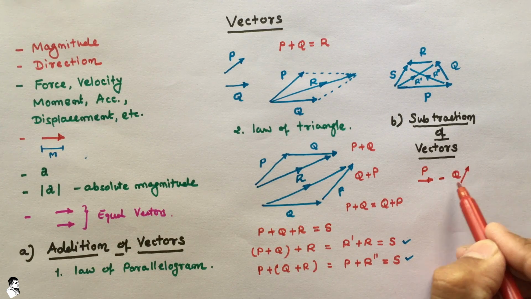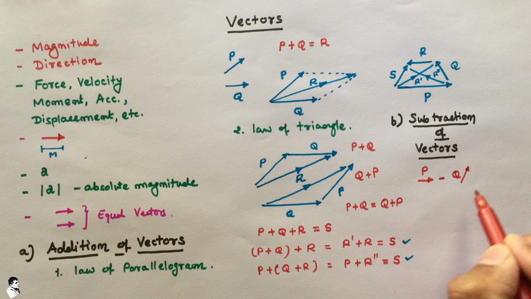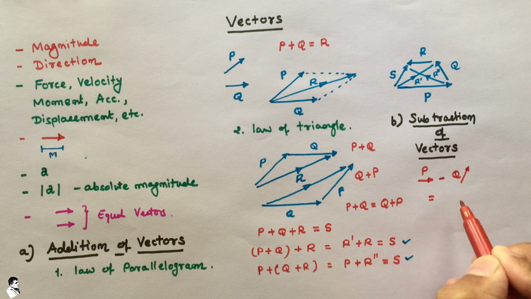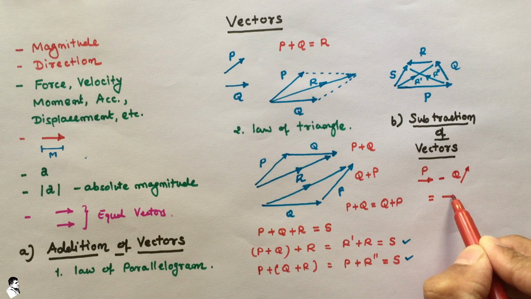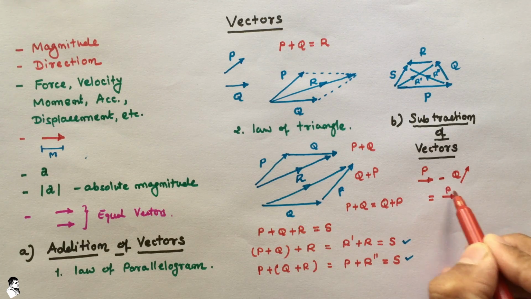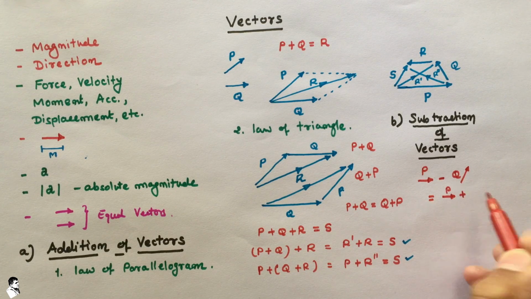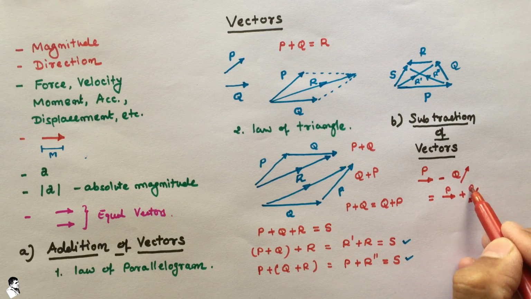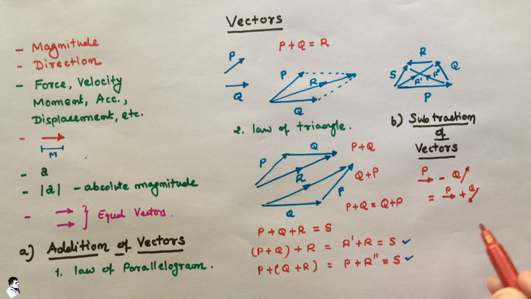So Q is subtracted from P, which equals, we can also write in another way, P plus minus Q. So we change the sign, minus Q, right?